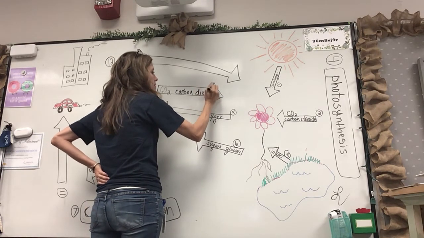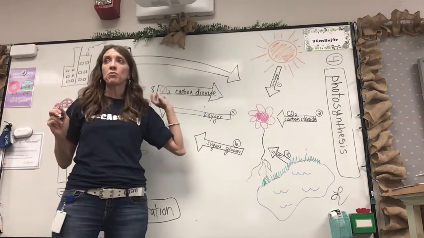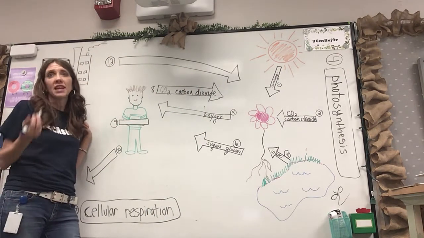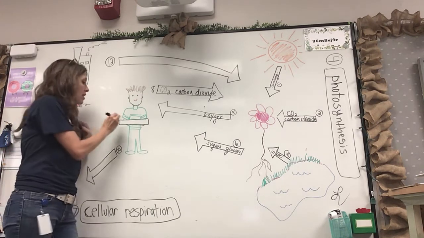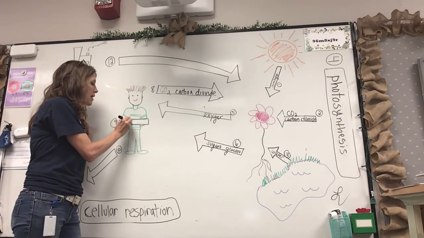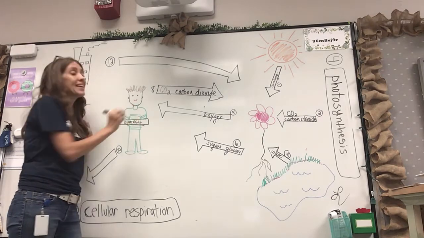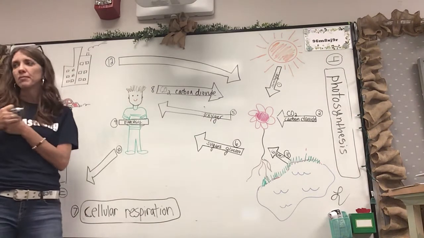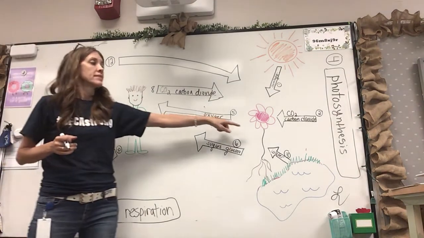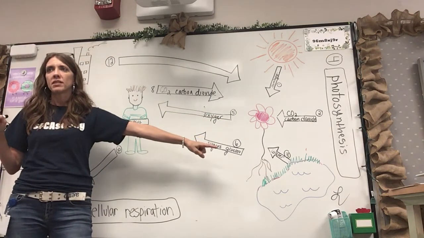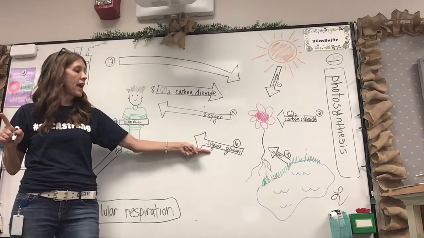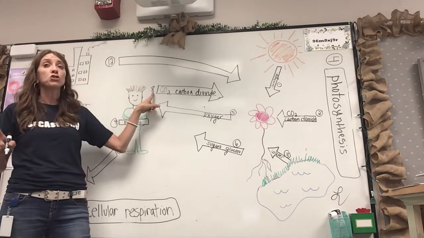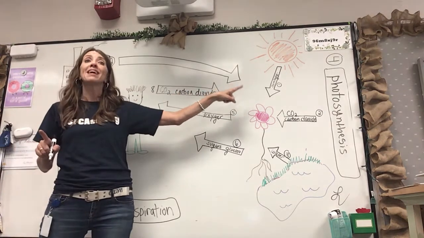The other thing it produces for us is energy, that we need to live. So I'm going to put right here on this guy's body, it produces energy so that he can run around and go do PE with Coach JW. So, cellular respiration requires two things, oxygen and sugar or glucose. It produces energy for us to live on, and it also produces carbon, which we breathe out.